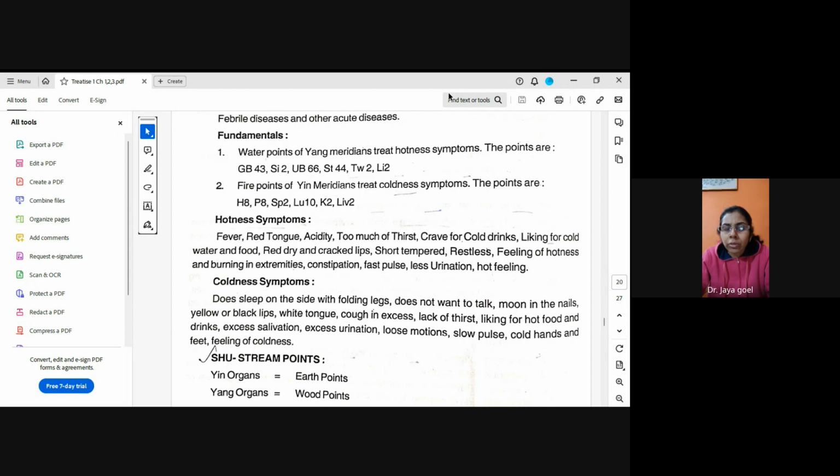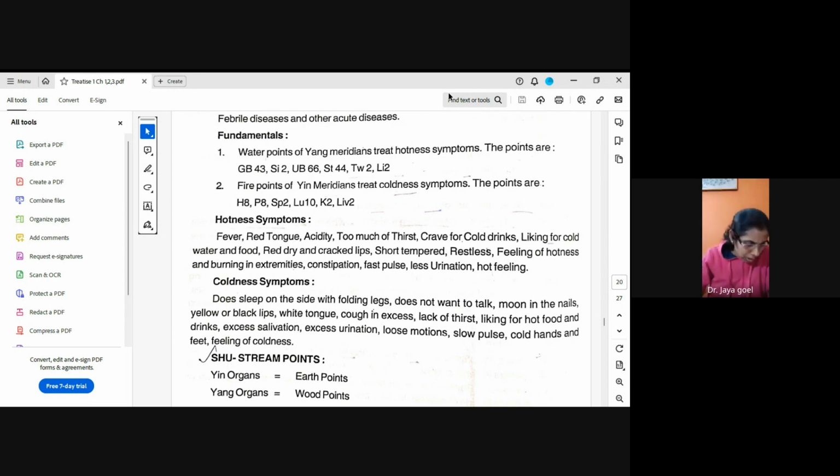And these are the symptoms of coldness: loose motion, slow pulse, and cold hands. Just like the opposite of the hotness symptoms. And for these we give the fire point on the yin meridian for the treatment of these symptoms.